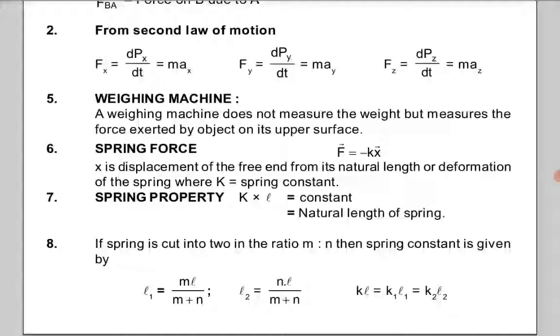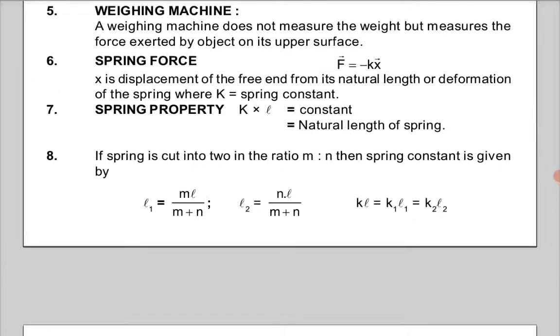If a spring is cut into two in the ratio m is to n, then the spring constant is given by: L1 equals ml upon m plus n, L2 equals nl upon m plus n, and KL equals K1 L1 equals K2 L2.